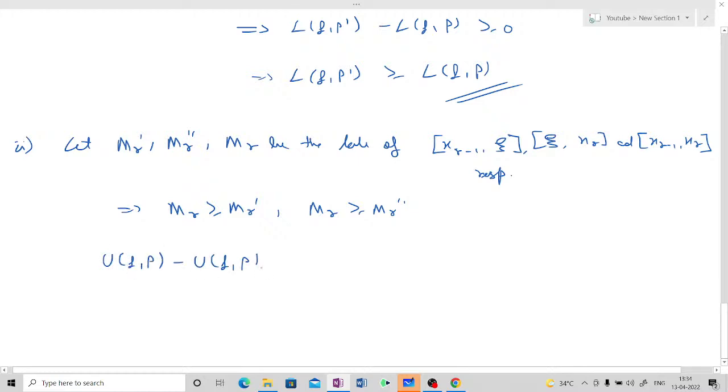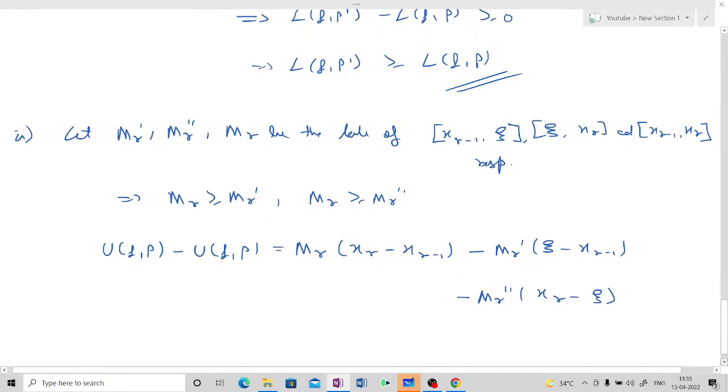Now if we subtract UFP prime from UFP, what will we have? We will have mr times xr minus xr minus 1 minus mr prime times eta minus xr minus 1 minus mr double prime times xr minus eta.